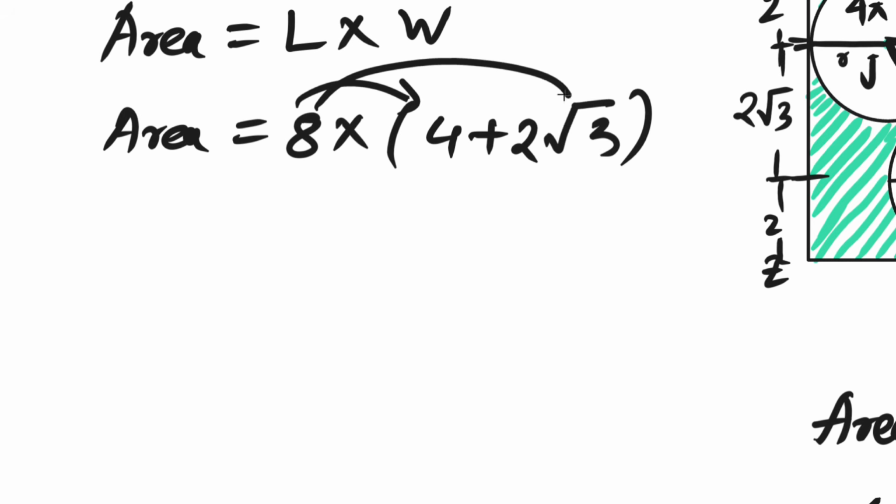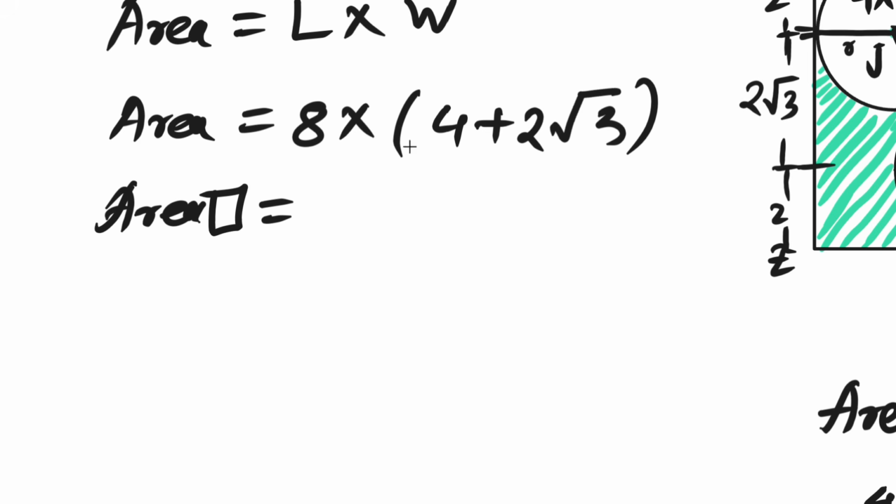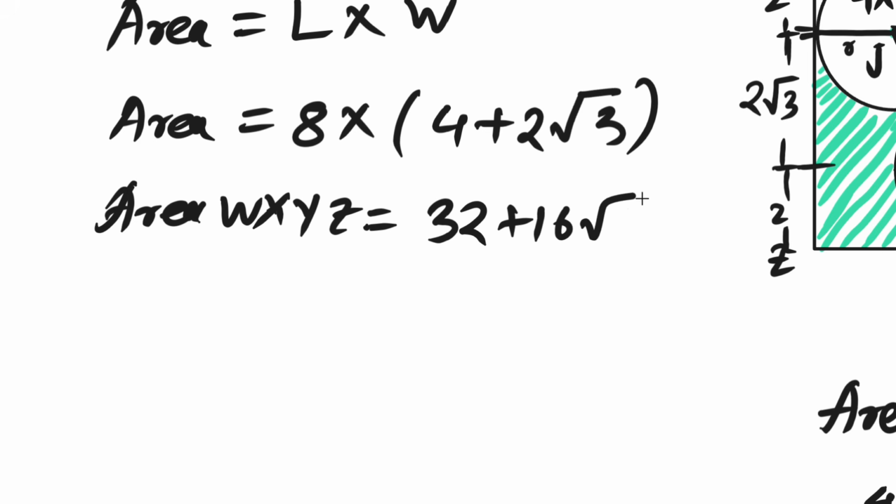Now distribute the 8 across both terms inside the parentheses. 8 multiplied by 4 gives 32, and 8 multiplied by 2 square root of 3 gives 16 square root of 3. Therefore, the area of rectangle WXYZ is 32 plus 16 square root of 3 square units.